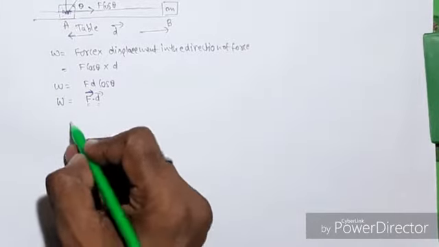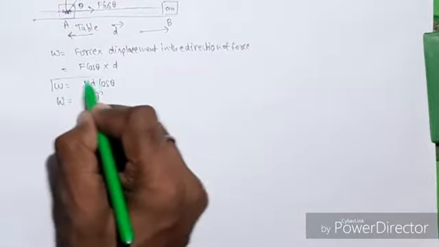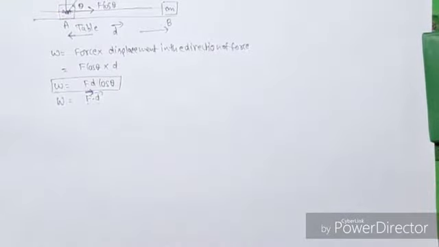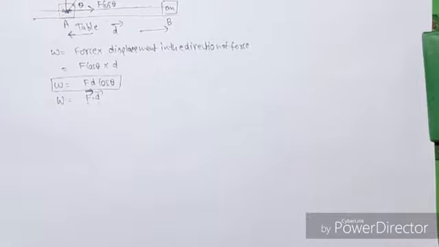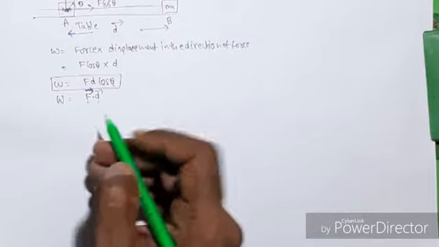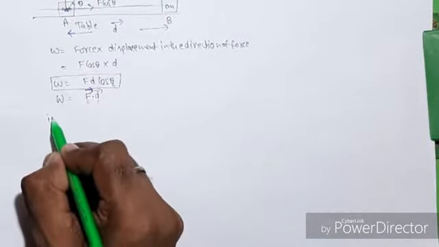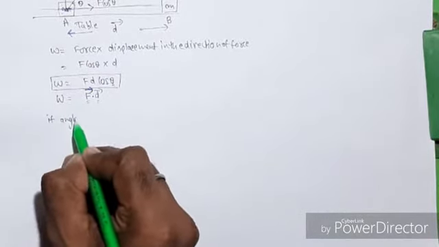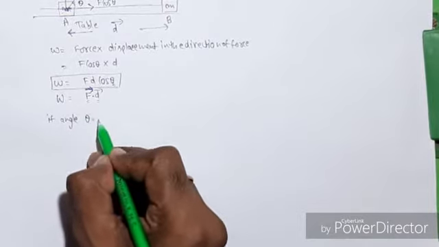So we see that the work done by the force depends upon the angle theta between the force and the displacement. Suppose the angle theta is equal to 90 degree.